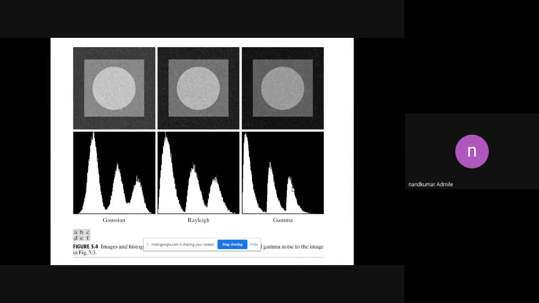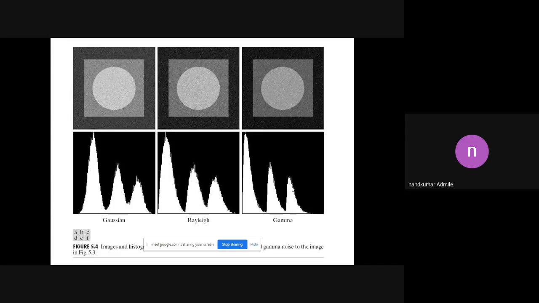So we study the six different types of noise models, their mathematical representation, and their plot functions. If the noise is presented at the center of an image, that is called Gaussian noise.